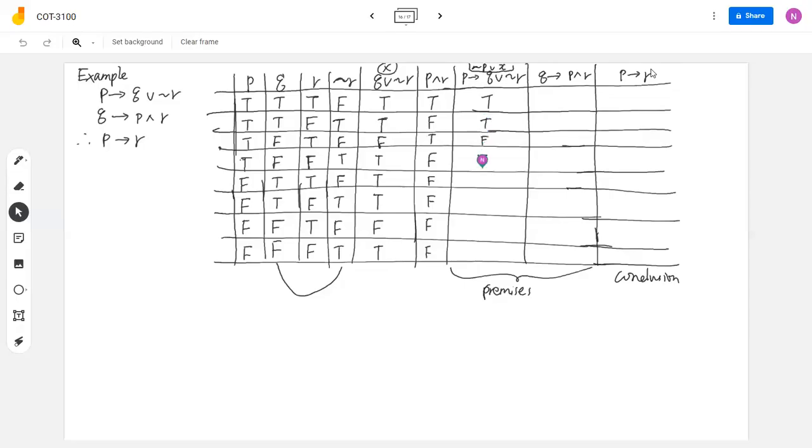And for the last 4 rows, because P is F, not P is true. Therefore, this implication is true by default. So TT, TT.